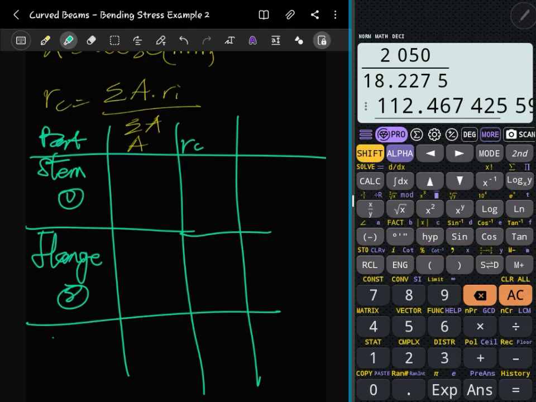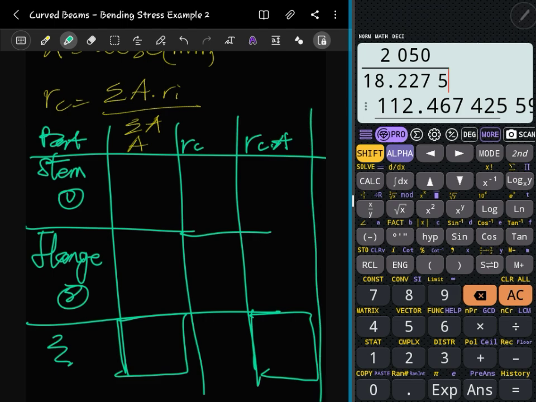And then I'll get a summation here for this, and then for this. So this one here is RC of each, and then area. So that's what I need.